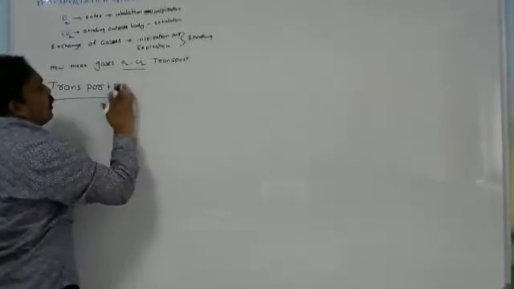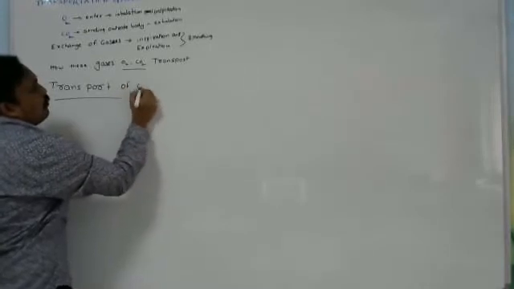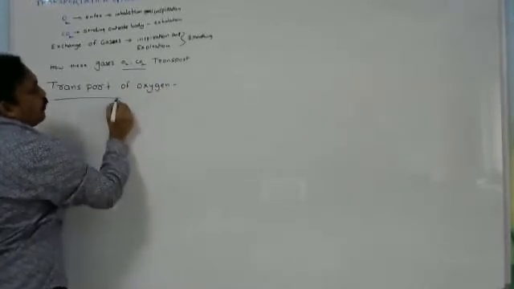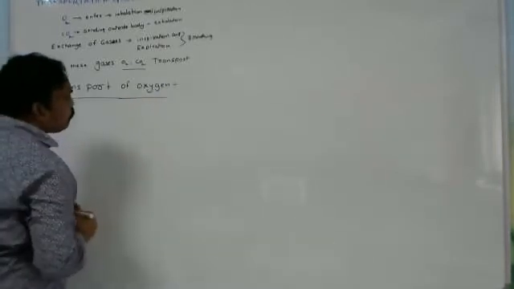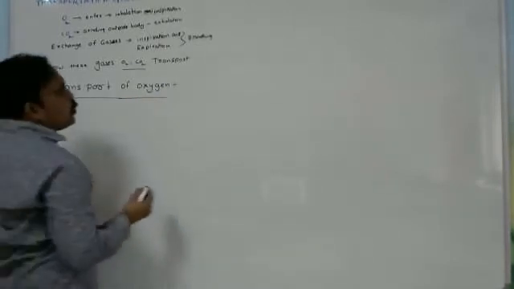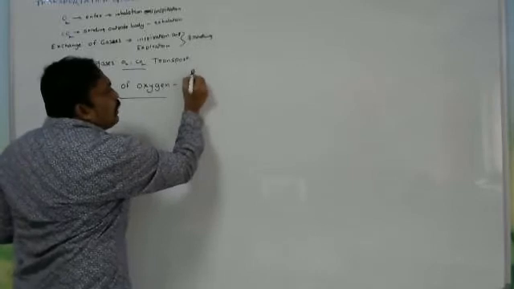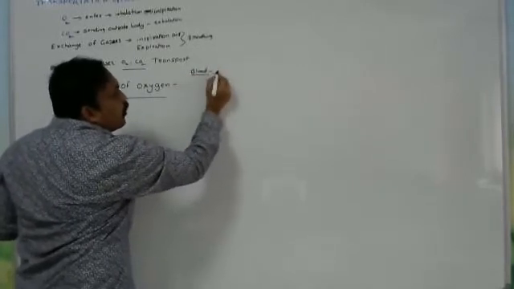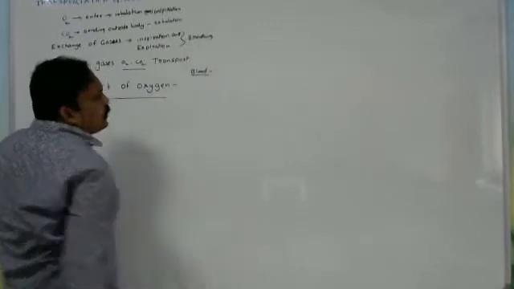So, transport of oxygen. How is oxygen transported inside the body? Blood is useful to transport materials, as we already learned about the functions of blood. Blood transports oxygen and carbon dioxide.